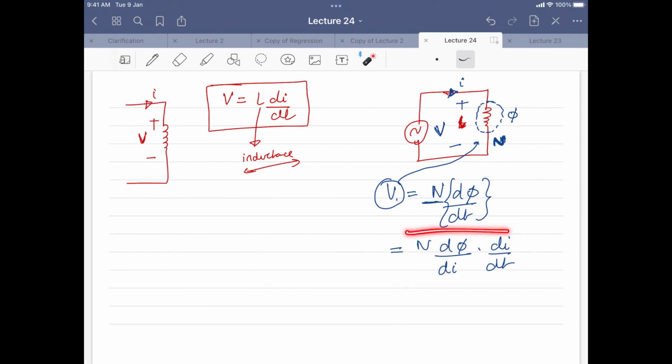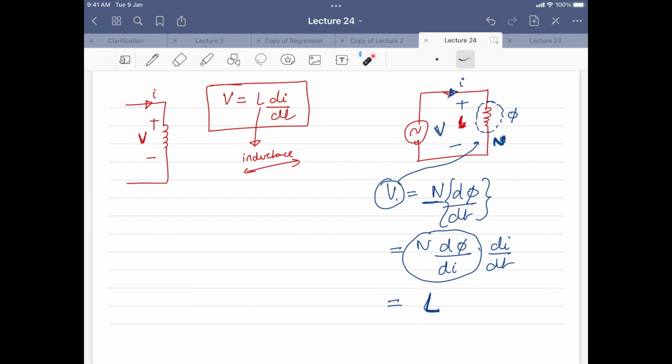Once we have this, you can clearly see that this particular term over here is basically called L. L is the self inductance which we have over here, and we call L the self inductance or inductance.